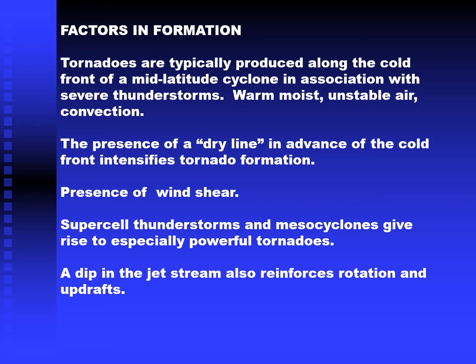And something not listed here is that tropical storms and hurricanes can also produce tornadoes. Okay, because tropical storms and hurricanes, while the presence of wind shear might inhibit those things from forming, you still have wind shear associated with your tropical storms and hurricanes.